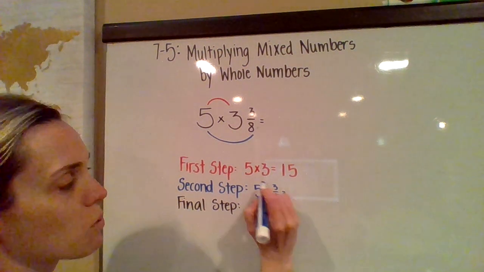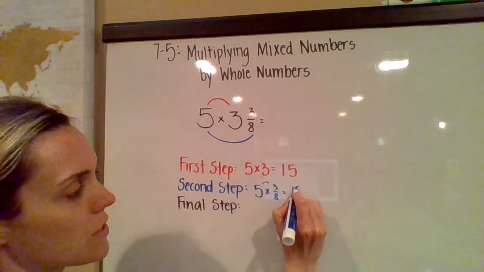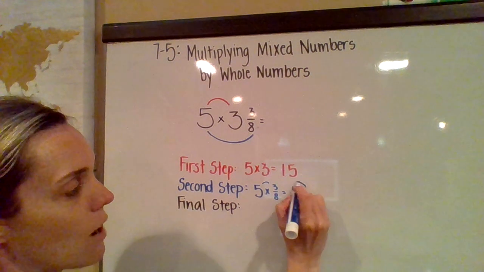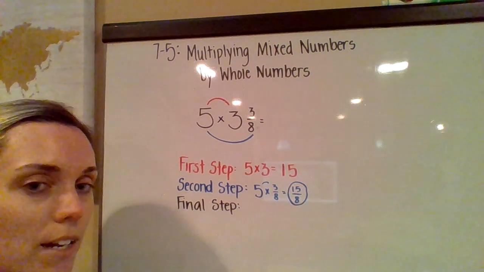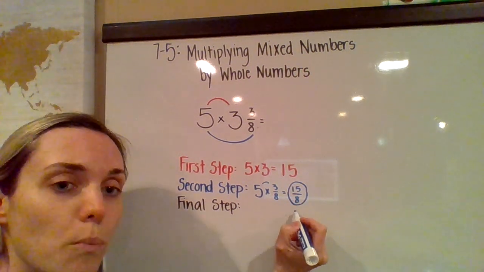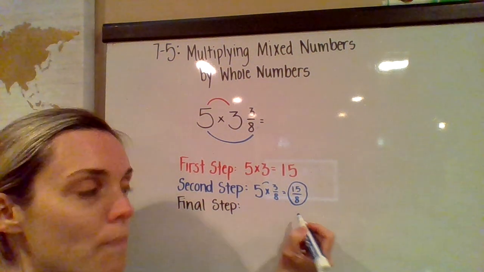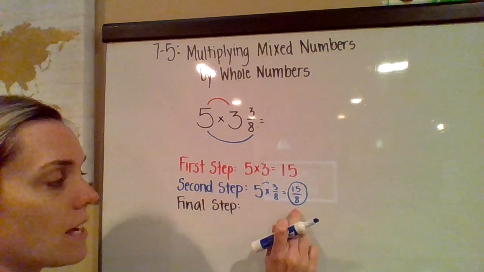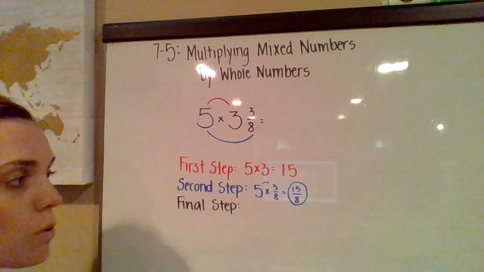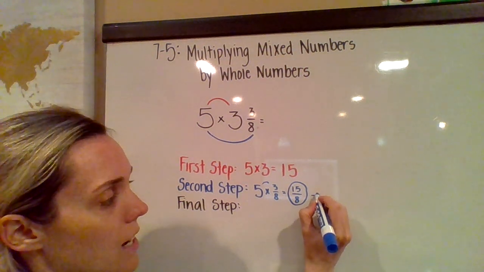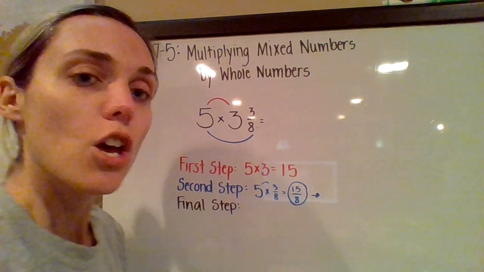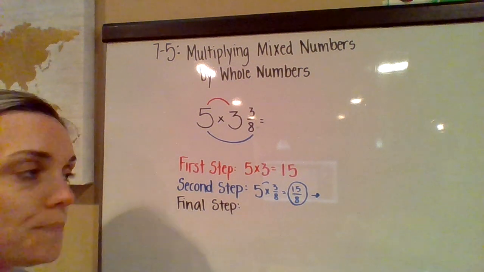So 5 times 3/8 is 15/8. Now, from now on, if you get a number that's greater than a whole, you have to convert it. You can't keep 15/8 here. So let's convert 15/8. On your lesson on Friday, you went over how to convert numbers.